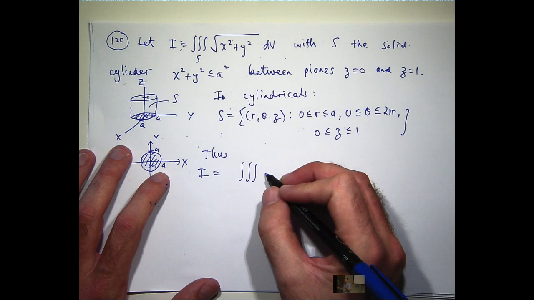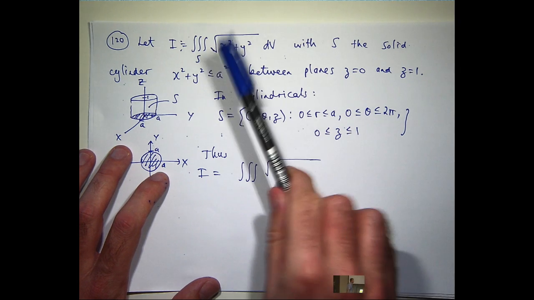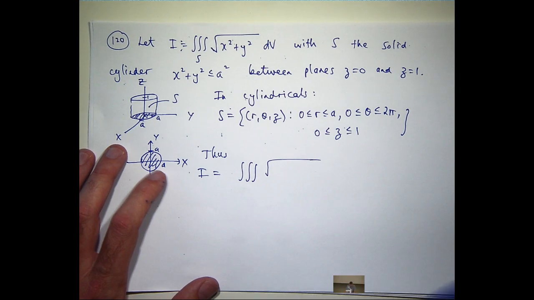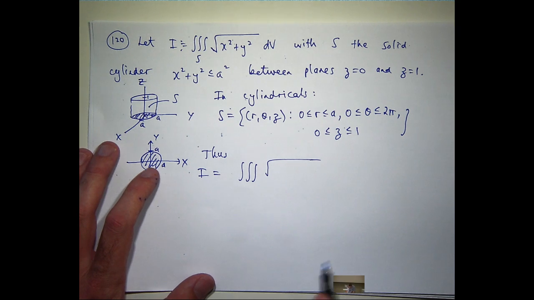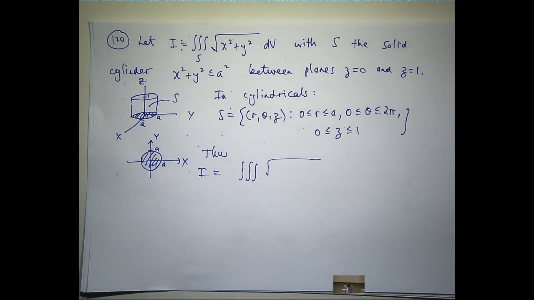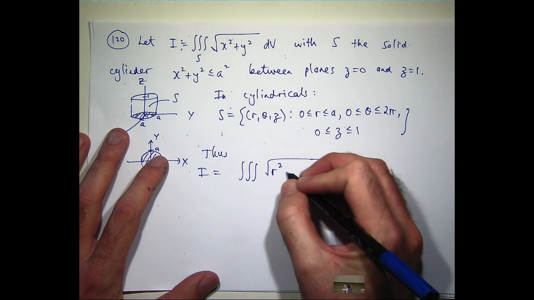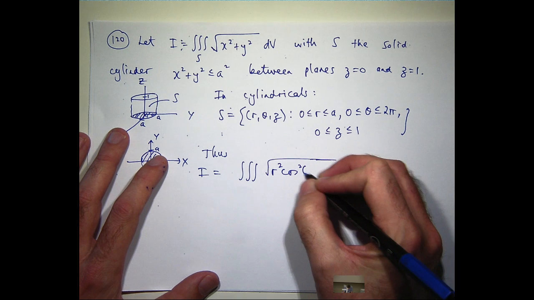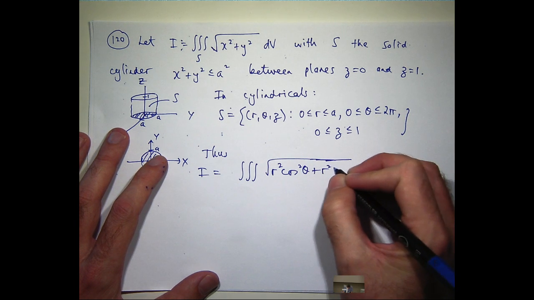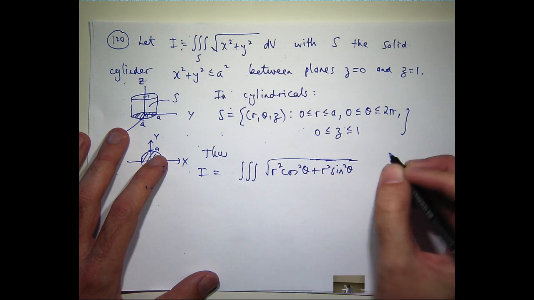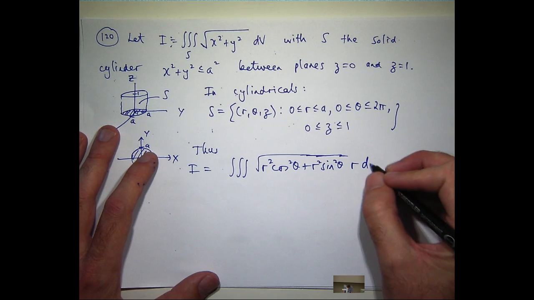So we replace x with r cos theta, y with r sin theta, and dV with r dz dr d theta. Or dz r dr d theta. You can do it a number of ways. I'm just going to do it this way.